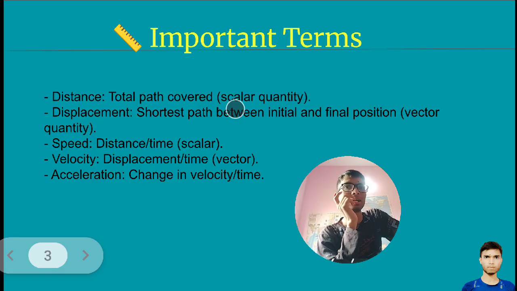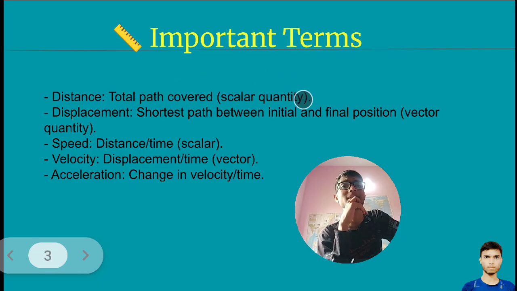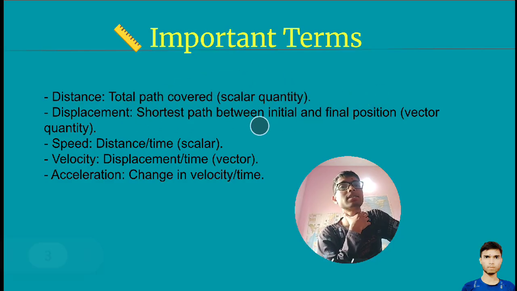A scalar quantity is a quantity which has only magnitude. Now displacement is not a scalar quantity because it has magnitude as well as direction. That's why, rather than a scalar quantity, it is considered a vector quantity.